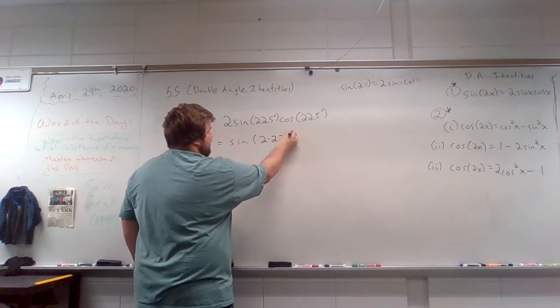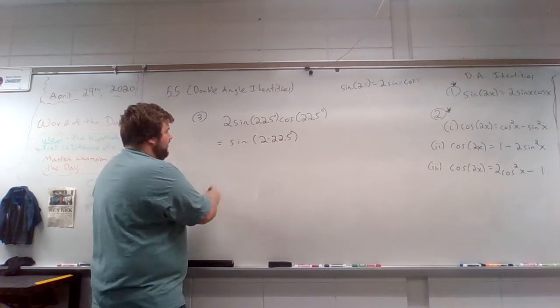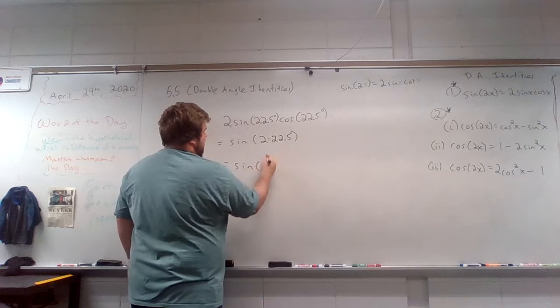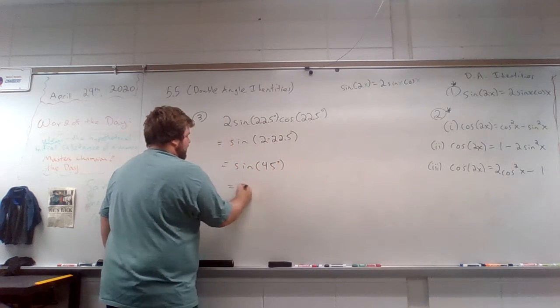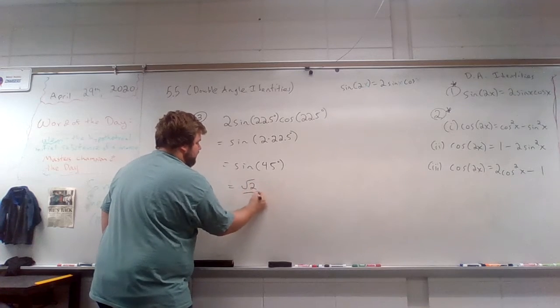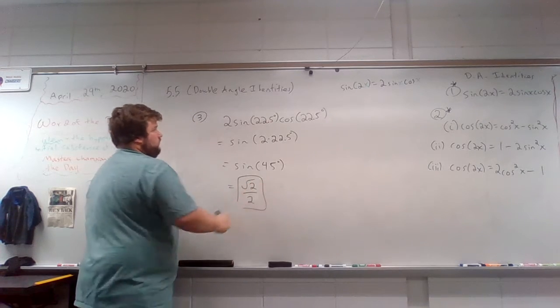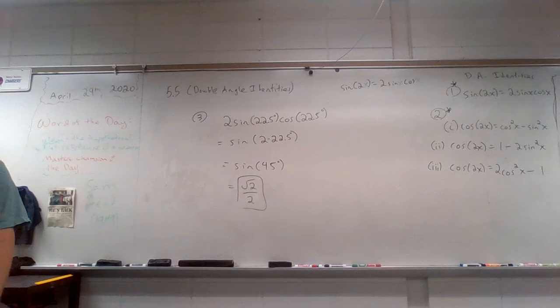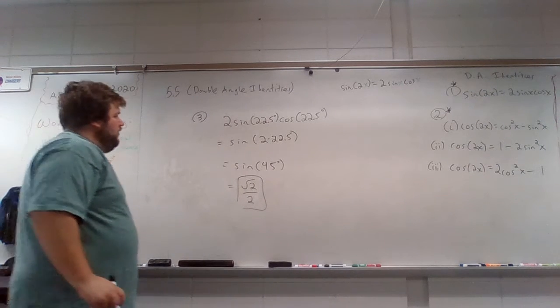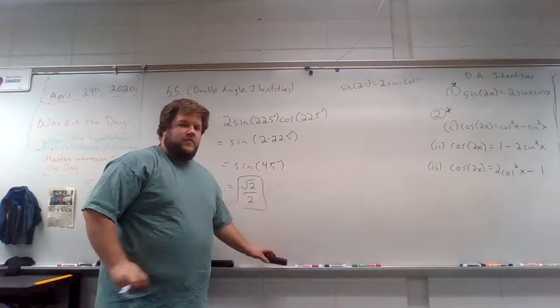That's in degrees, right? So this is the sine of 45 degrees, 2 times 22.5. And that's root 2 over 2, as we know. Hopefully that's not too bad either.